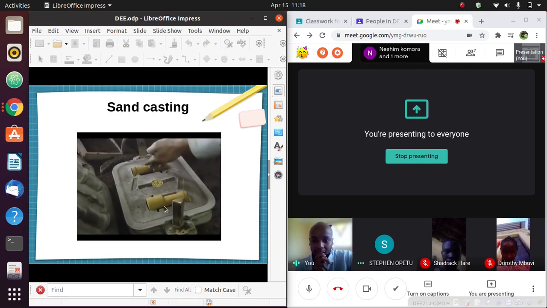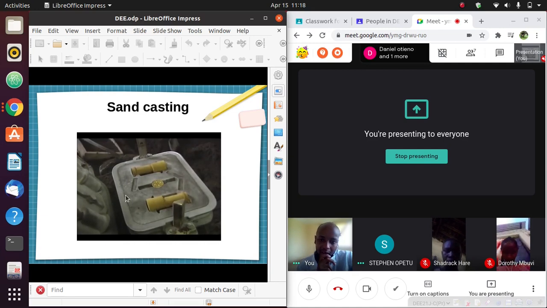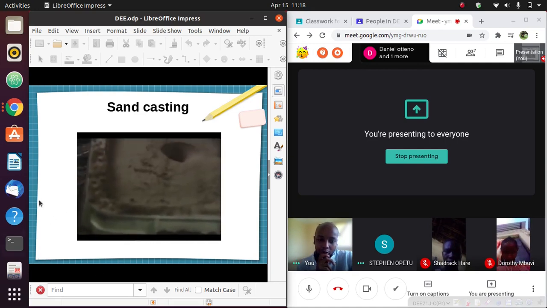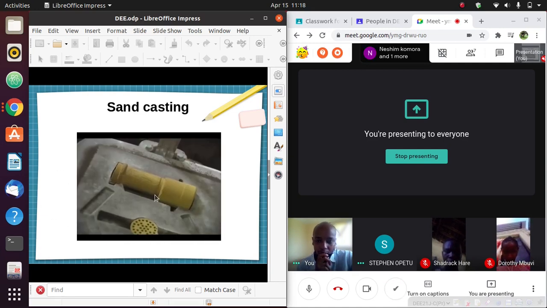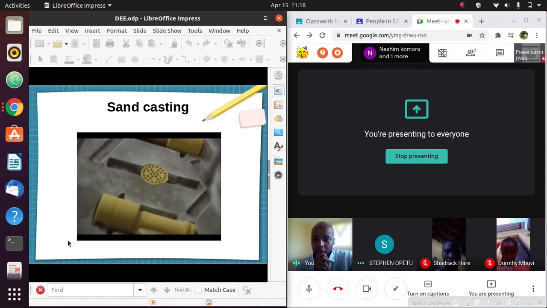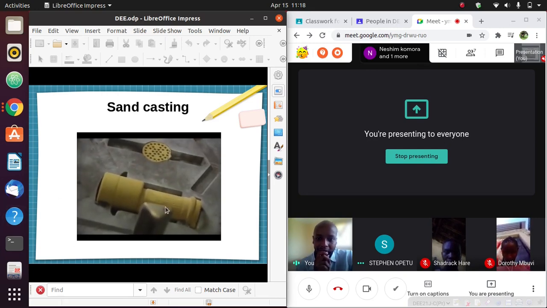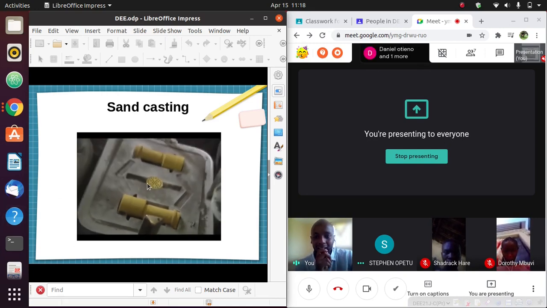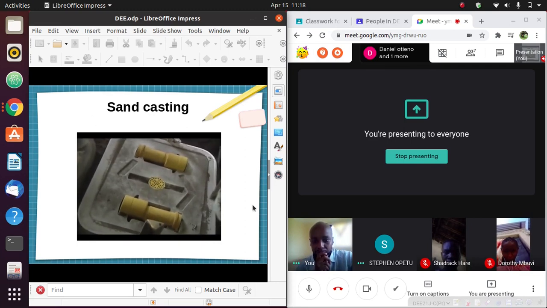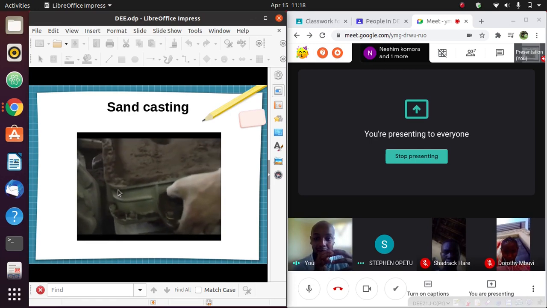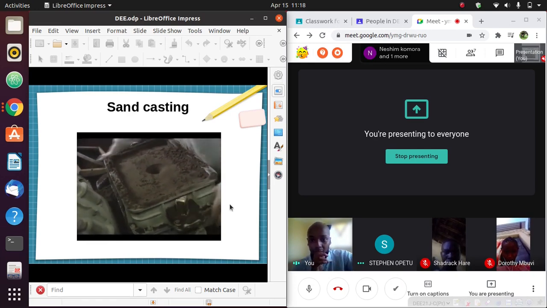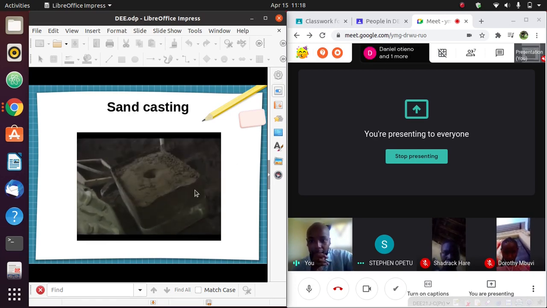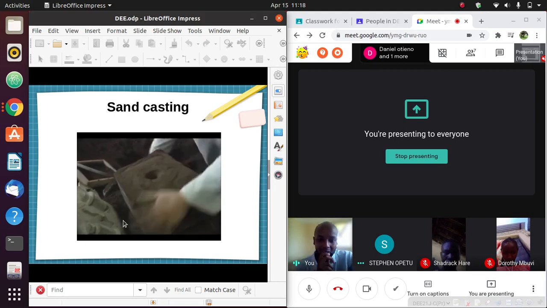So that when he returns that top box, I don't know if you noticed there is a bottom box and a top box. He has taken out the pattern, so there remain cavities, or holes, in the sand. So when he returns the top box, what has been left in the sand is holes or cavities.